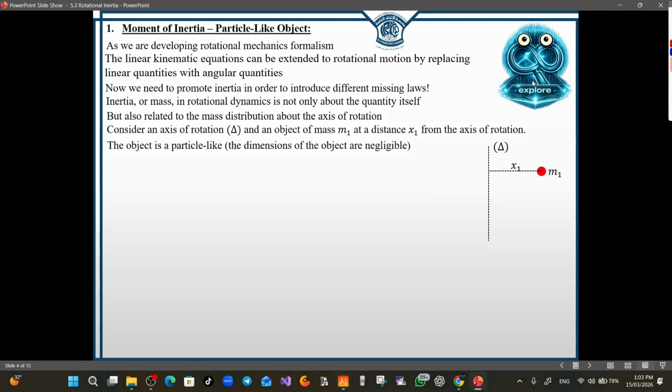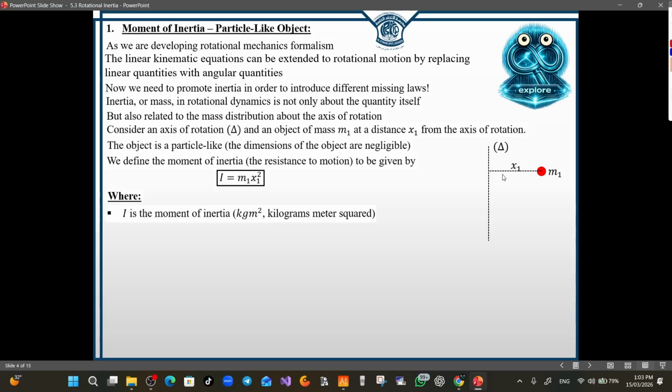For a particle-like object, I mean that the dimensions of the object are negligible. We define the moment of inertia, or in other words, the resistance to the motion, given by I equals m1 x1 squared, where m is the mass of the object in kilograms and x is the distance between the object and the axis of rotation.